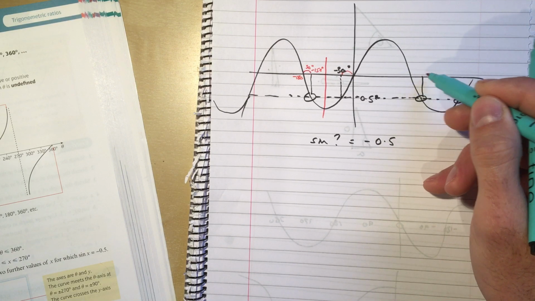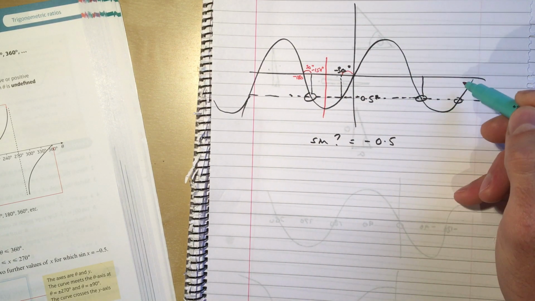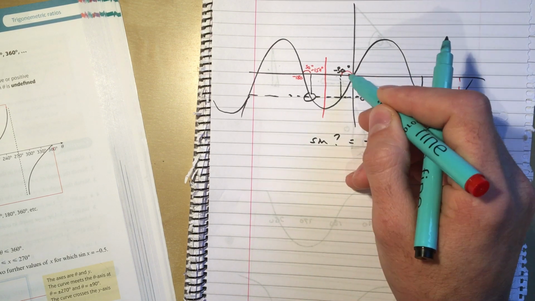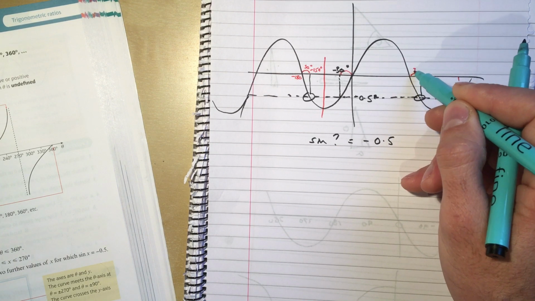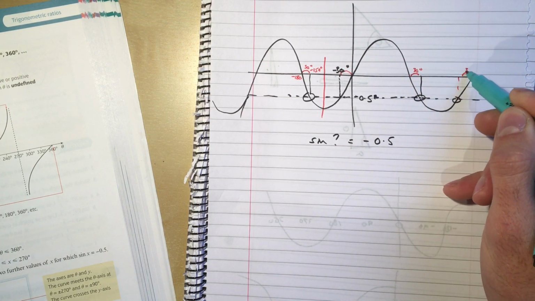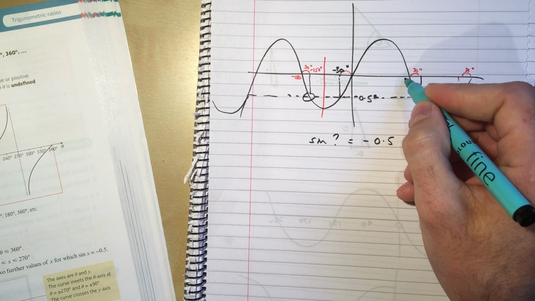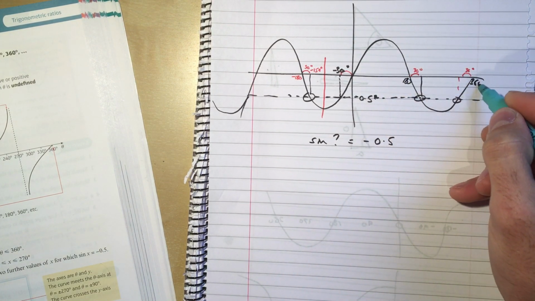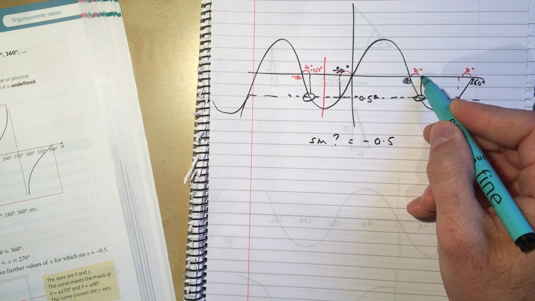Same thing over here. This lump here is exactly the same size and shape as this lump here. So if that leap there is 30 degrees, this leap here must be 30 degrees, and this leap here must be 30 degrees. And if I'd labelled my axes as 180 there and 360 there, that would help me go 180, 30 this way.